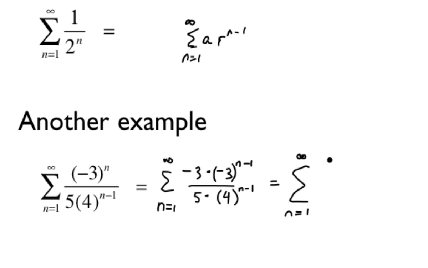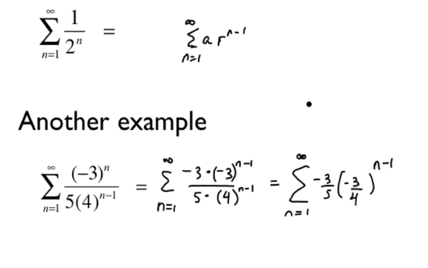What would A be? We can put the -3 and 5 together. That's our A. And then can we get something to the n minus 1? -3/4. Okay, so now that we have A R to the n minus 1, we can say convergent or divergent series. You should be thinking convergent because our R value is between -1 and 1.